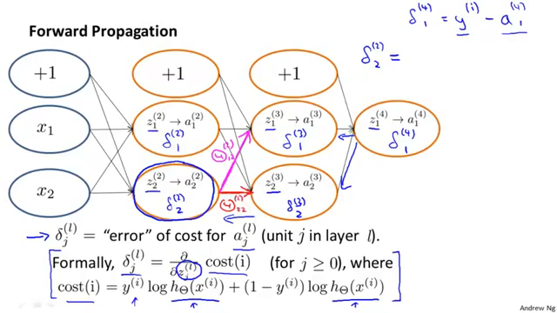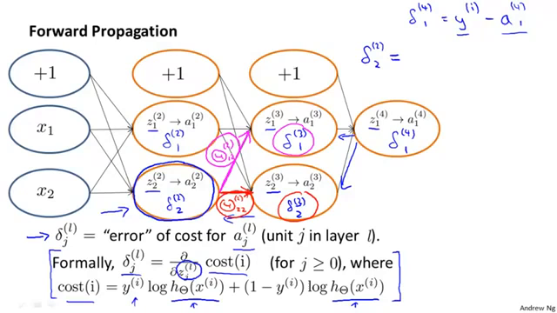If we look at how delta 2,2 is computed for this node, it turns out that we take this value and multiply it by this weight, and add it to this value multiplied by that weight. So it's really a weighted sum of these delta values, weighted by the corresponding edge strength.